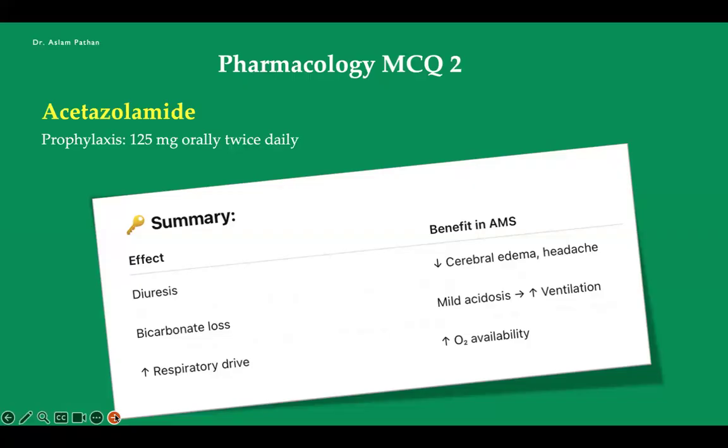For prevention, if anyone is planning to go for trekking, he should take 125 milligrams orally twice daily. And for the treatment, 250 milligrams orally twice daily.